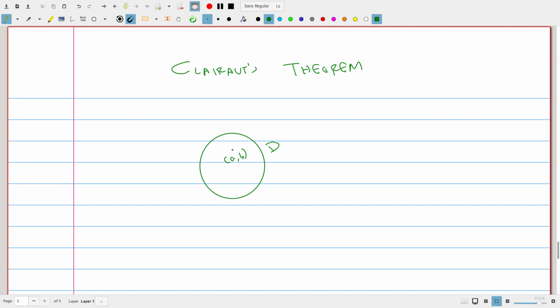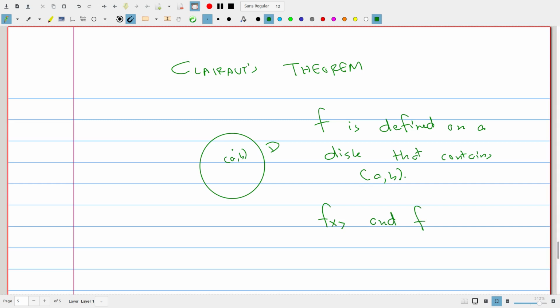If that is the case, there's another condition. f is defined on a disk D that contains (a, b), and fxy and fyx, these two functions, both are continuous on the disk.